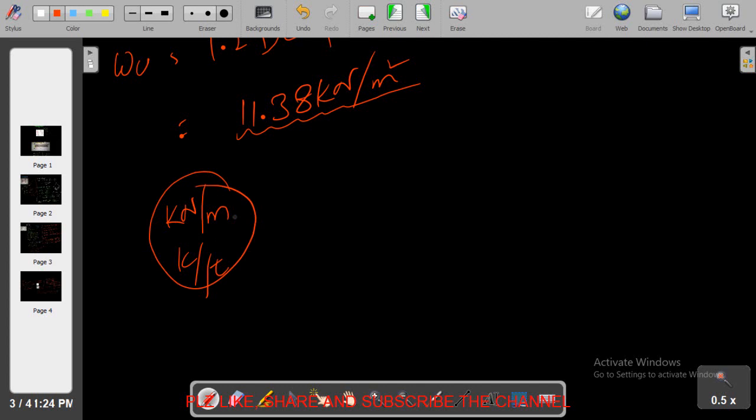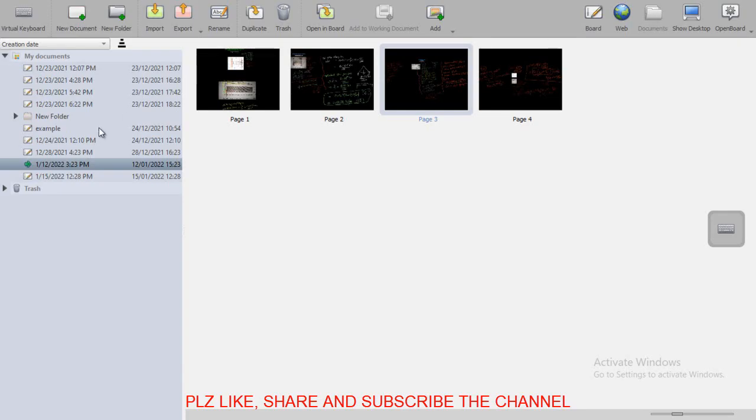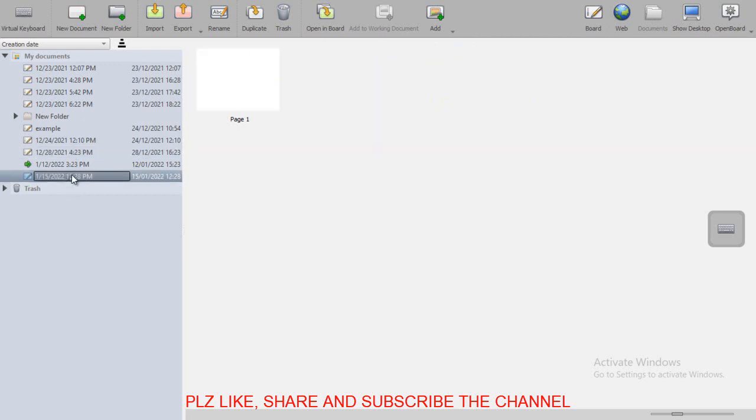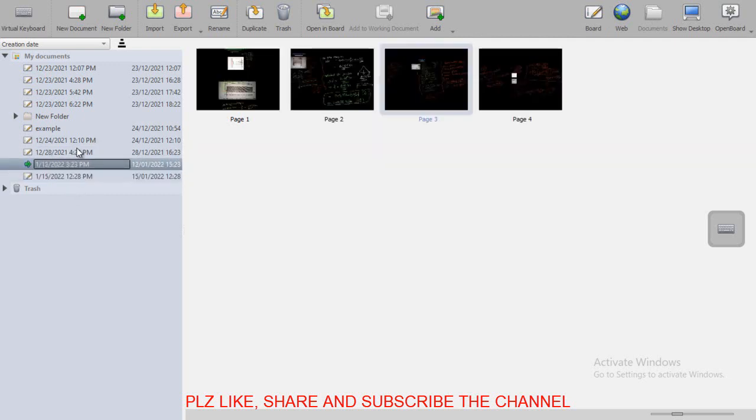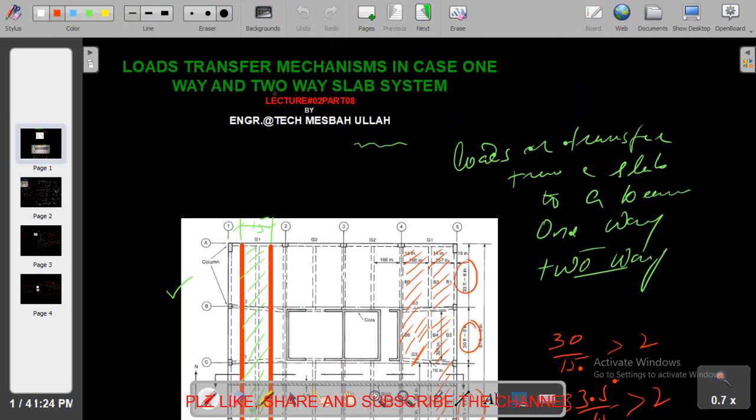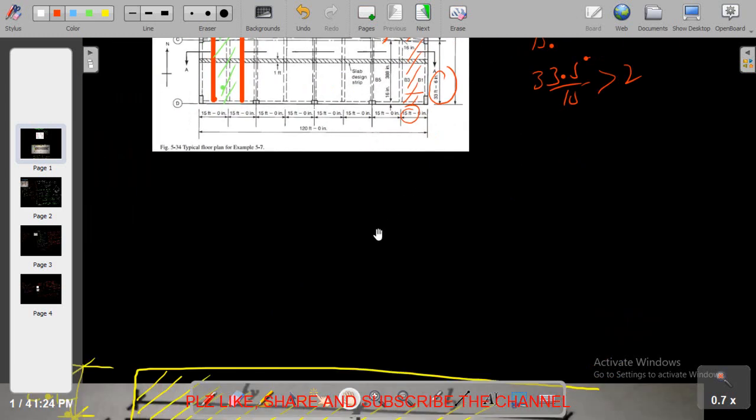So we will use the equivalent width, and I have already recorded a lecture on that, I think it is part 08, right? Part 08, and there I have already derived those equations.